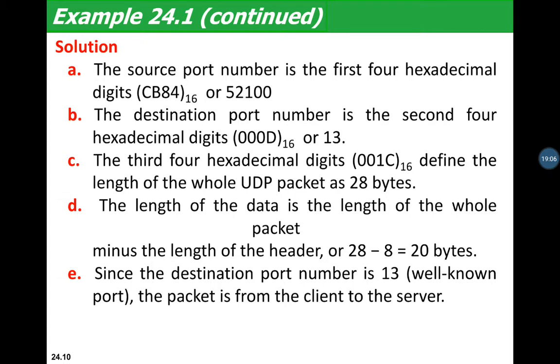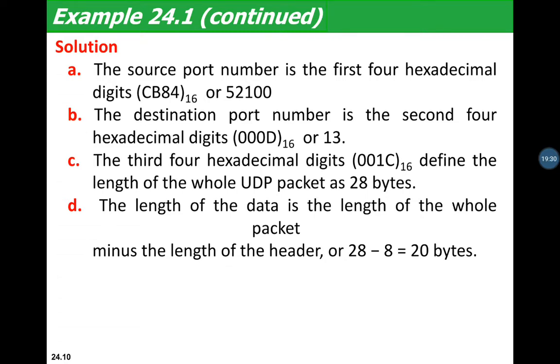If the total length is 28 bytes, which is the length of the full UDP packet, we know that the length of the header is 8. So 28 minus 8 is 20 bytes. The length of the data is the length of the whole packet minus the length of the header, so the length of the data is 20 bytes.